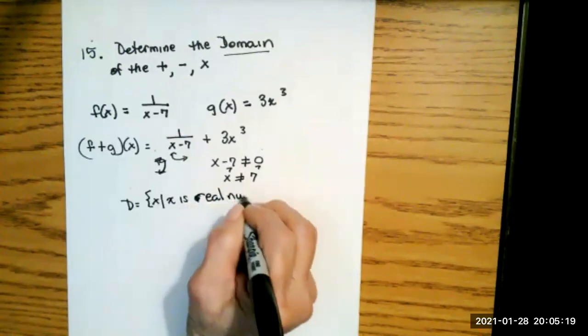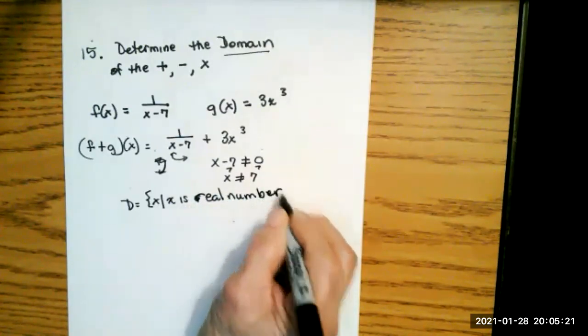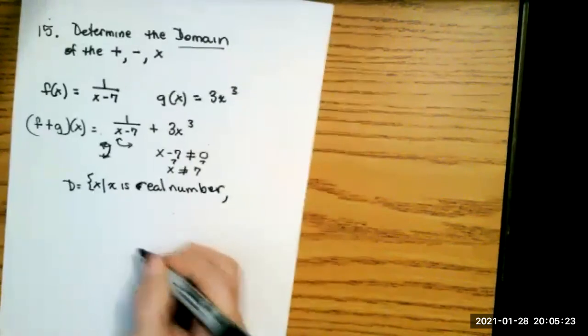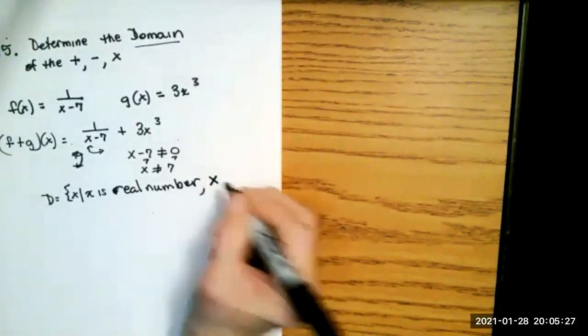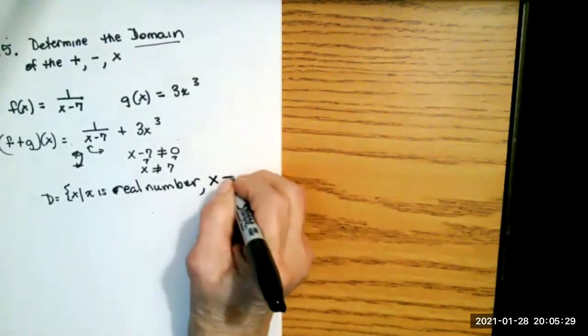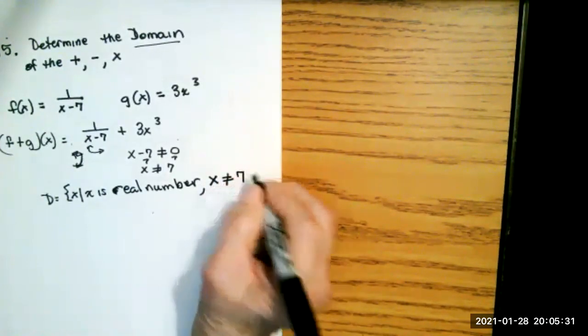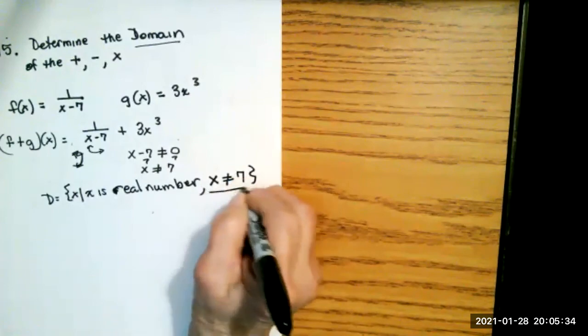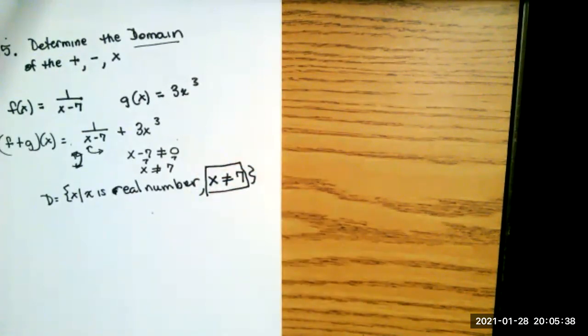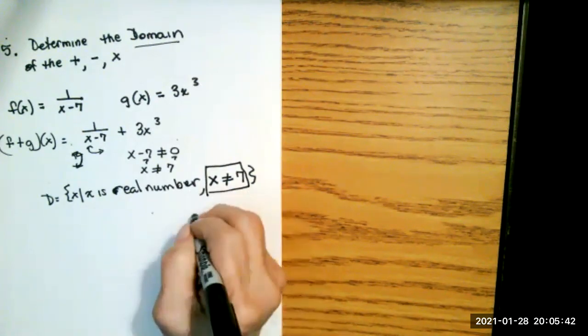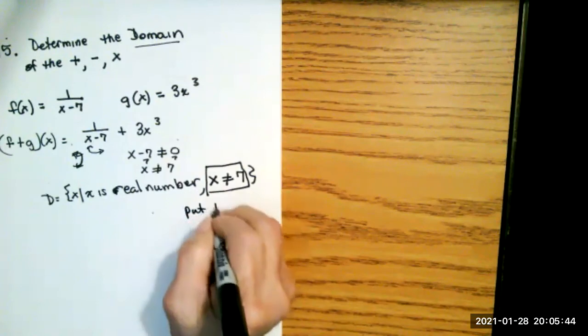You have to have that part. And as Luke was saying, it'll have a comma there, but you have to put this X in there. X not equal to 7. You have to put that whole part in there. If you just put not equal to 7, it will not count it for you. So you have to put the X in.